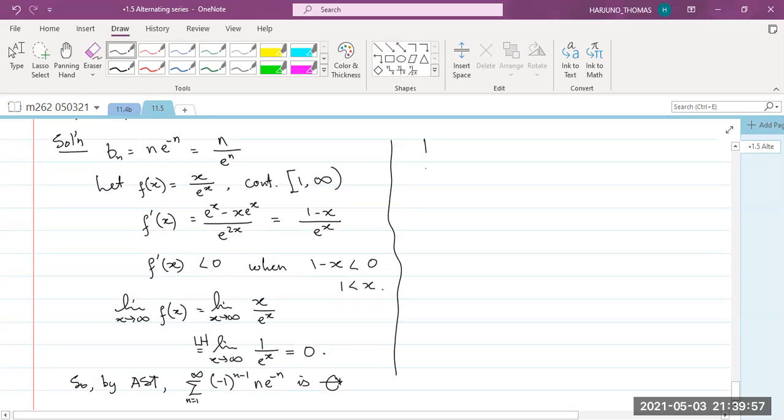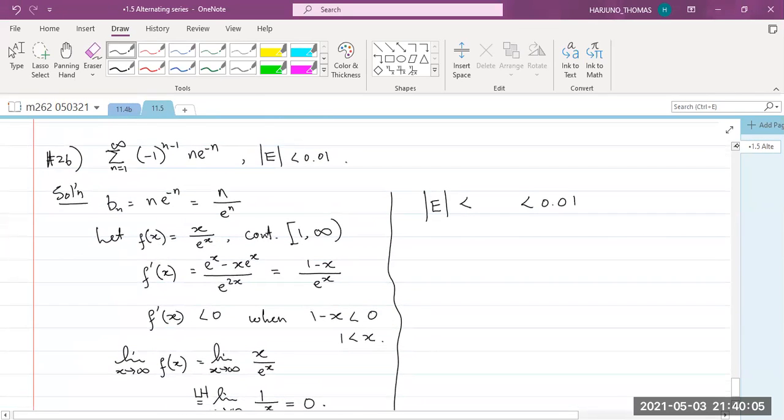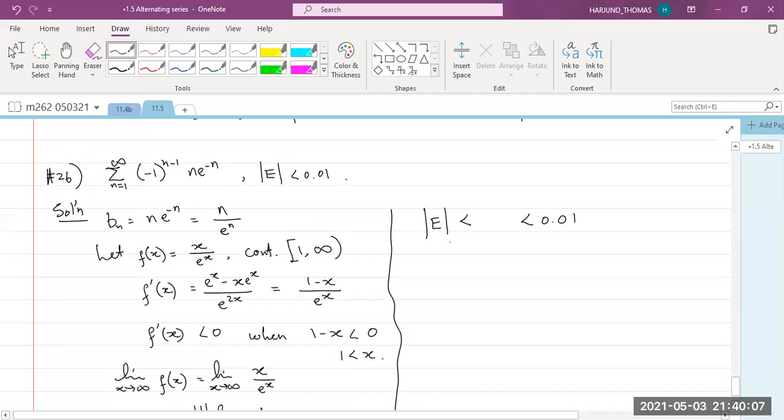Now we want the error to be less than 0.01 according to that question. How many terms do we need? Well, just set the next term to be less than that. So this will be (n plus 1) e to the -(n plus 1) less than 1 over 100.